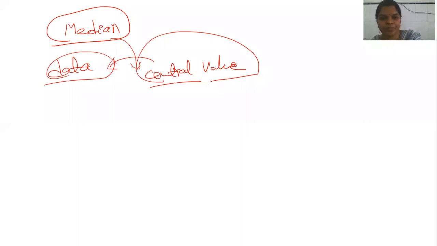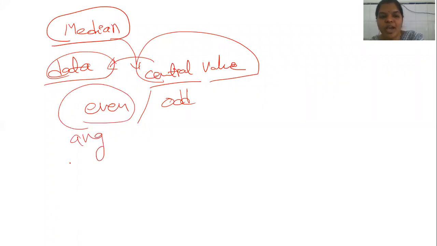If we have an even set of data or an odd set of data, the calculation of the median will be what I discussed earlier, right? If it is even, you need to take the average of the middle numbers. And if it is odd, it will be the center number.